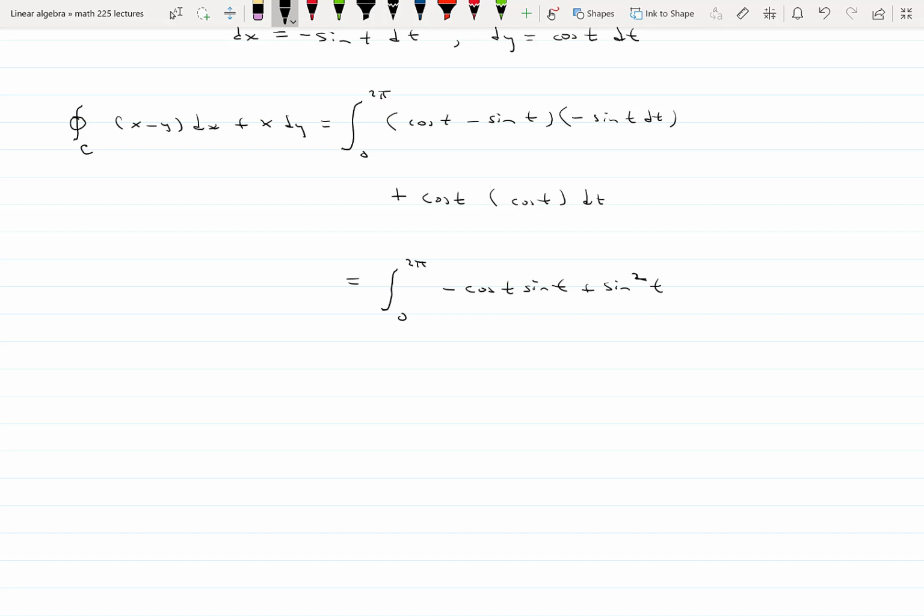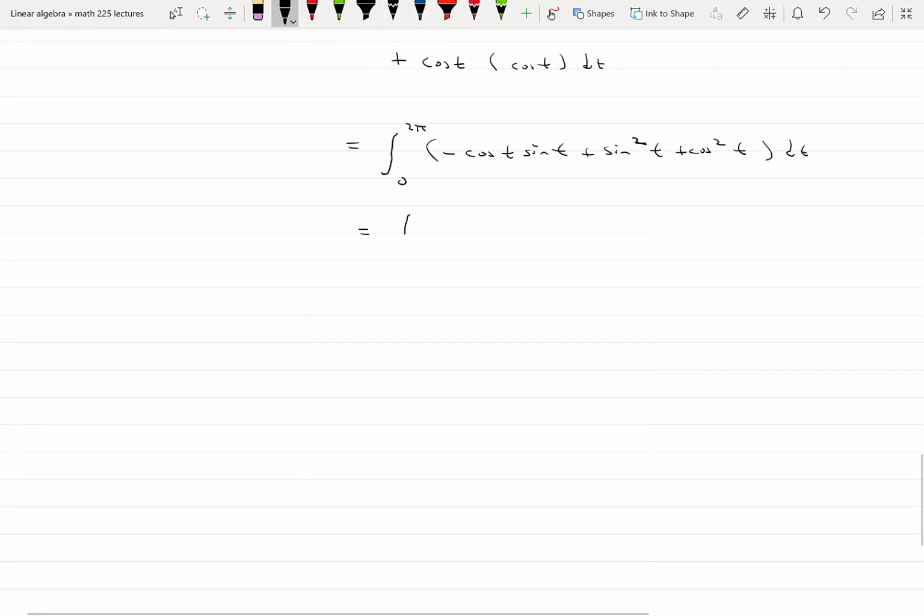And from the second part of the integral, we get plus cosine squared t. And of course, sine squared t plus cosine squared t is 1. So we're just looking at the integral from 0 to 2 pi, negative cosine of t times sine of t, plus 1 dt.